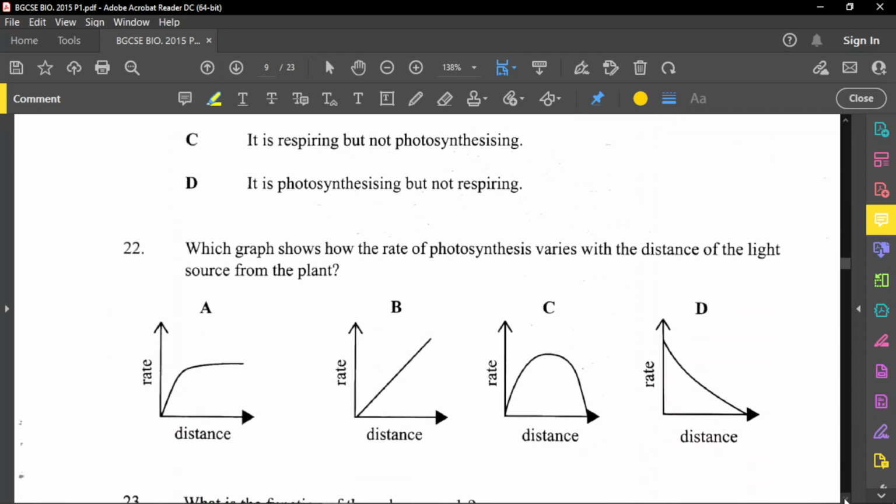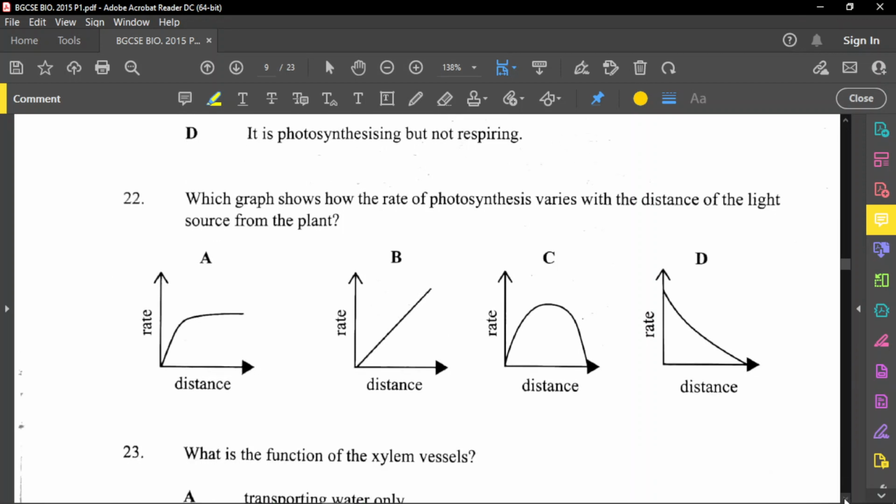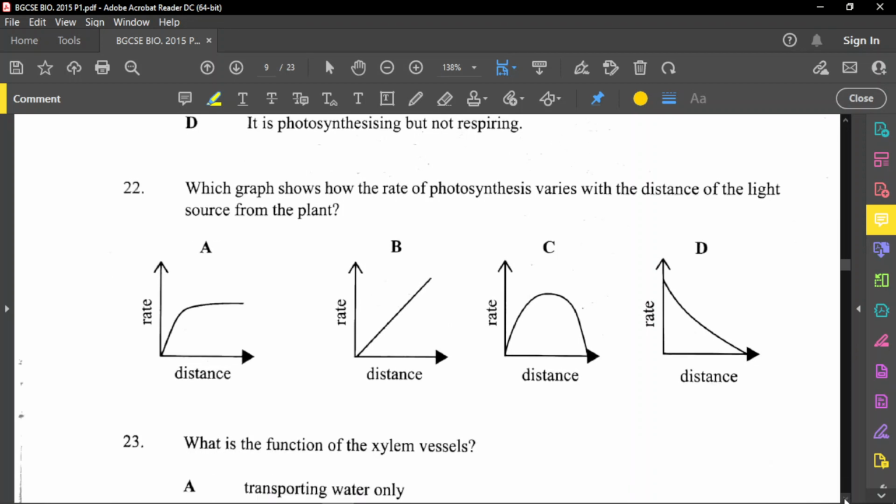For question number 22, it asks which graph shows how the rate of photosynthesis varies with the distance of the light source from the plant. If you move the light away from the plant, then the photosynthesis should decrease.